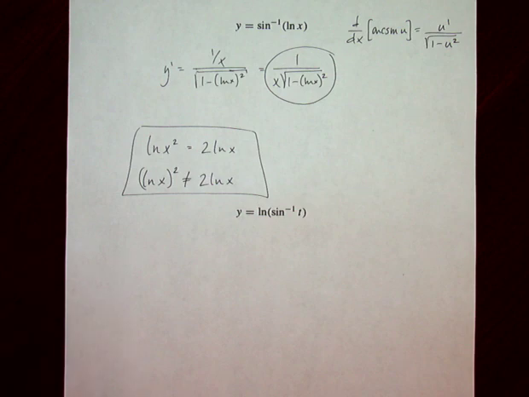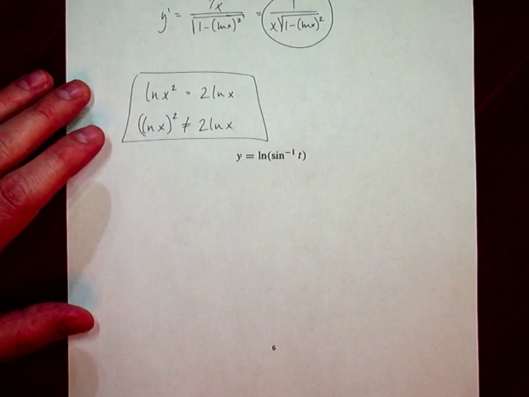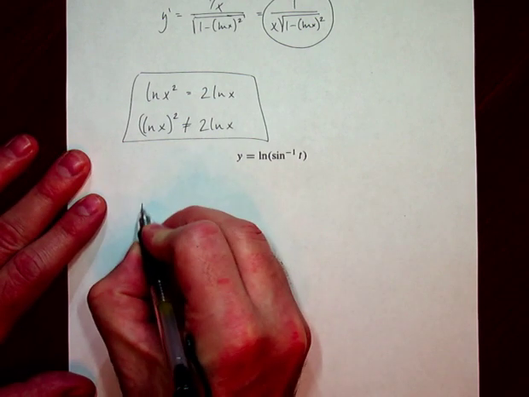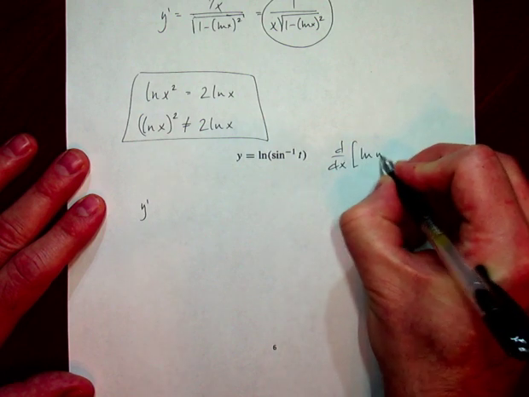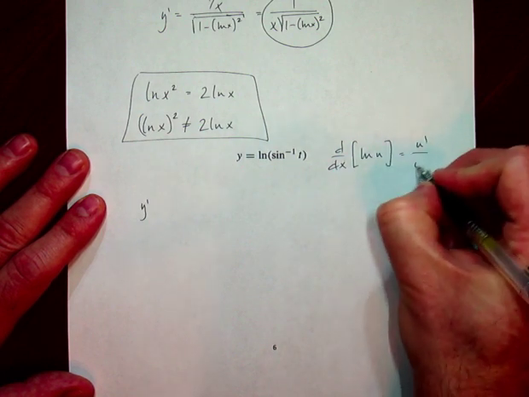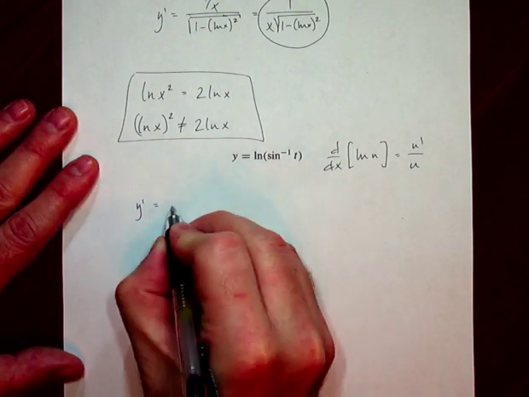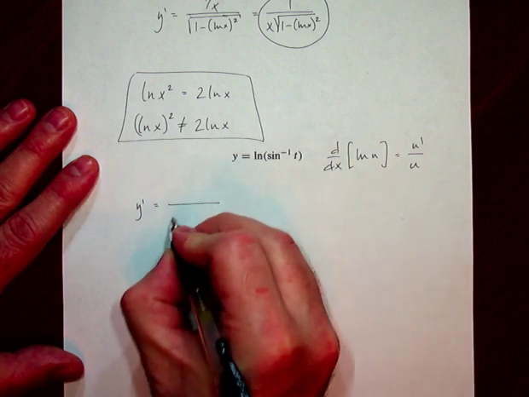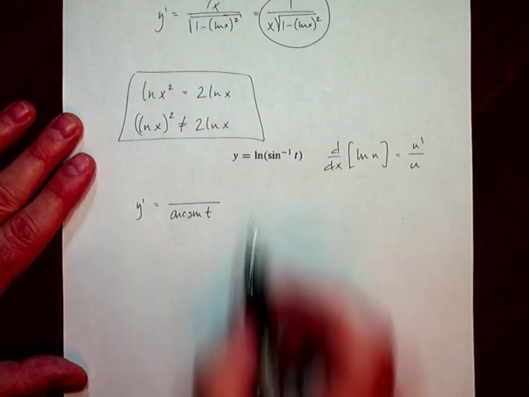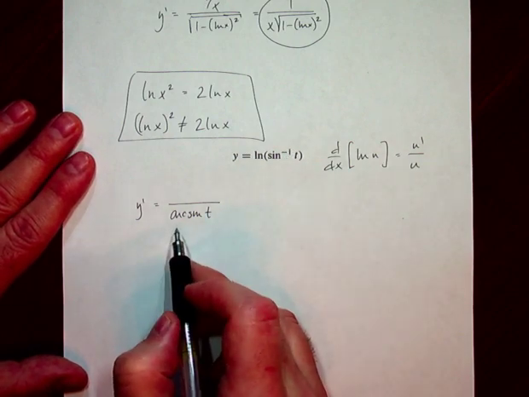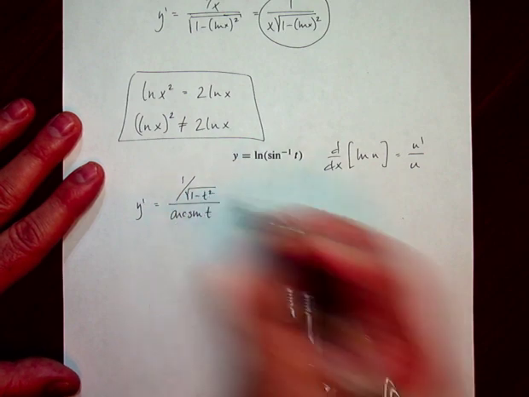This one. So we have the natural log of arc sine of t. Okay, so remember that when we're doing natural log of u, it's simply u prime over u. Of course, there's no simply about this. So what we're going to do is take the argument, which I'll change into arc sine because it's annoying me, and shuttle it down to the denominator, and then of course the numerator is 1 over the square root of 1 minus t squared.